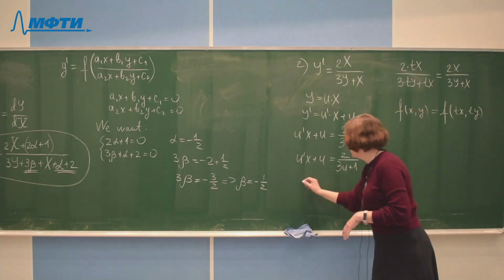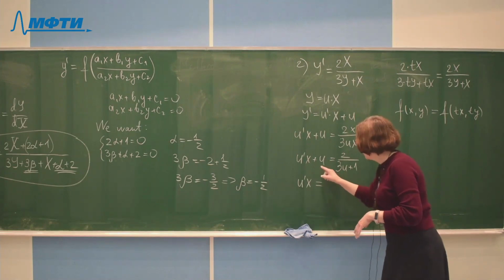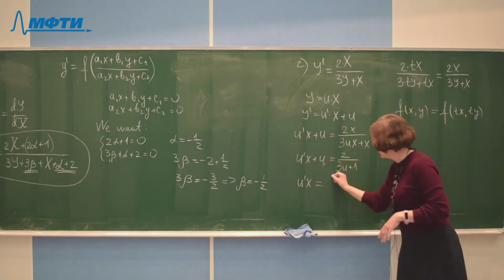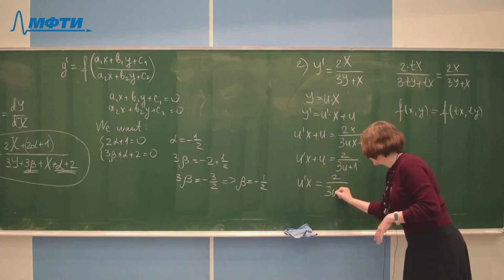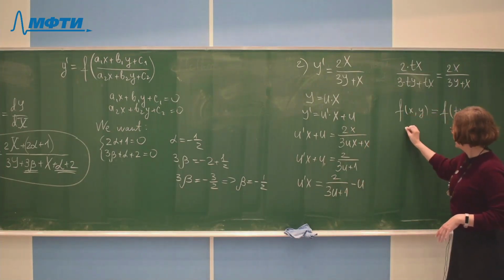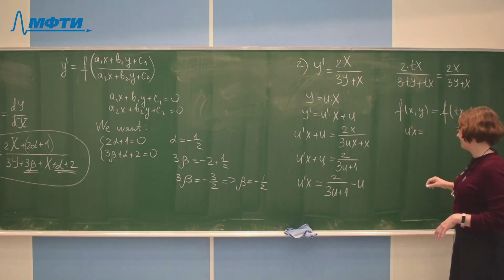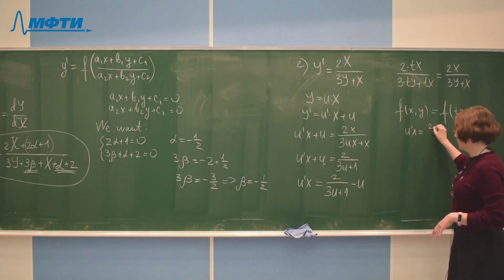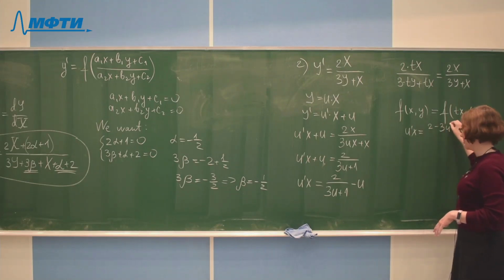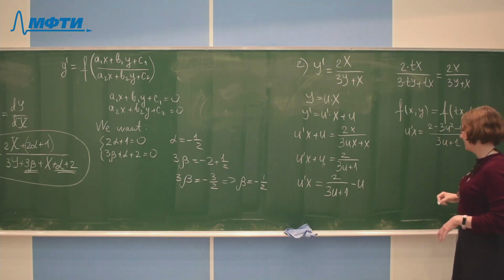And then we need to separate variables. First we should move u to the right: 2 over 3u plus 1 minus u. This is the same as u prime x equals 2 minus 3u squared minus u over 3u plus 1, right?